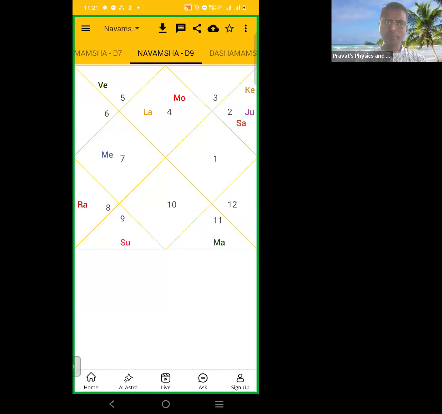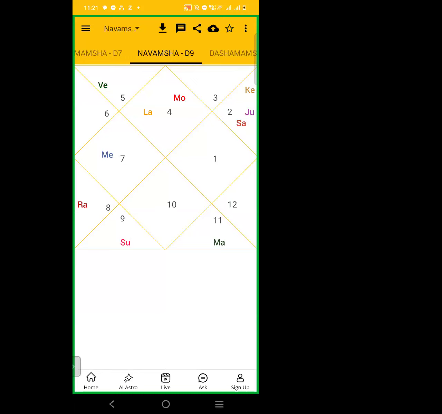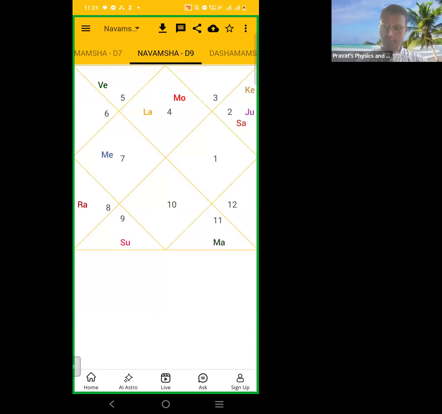That means the moon has moved from which sign to which sign? Leo to Cancer. It was in the Leo sign in the D1 chart, but the same moon is now in the Lagna, the Cancer sign of the D9 chart. Information number 1. Kindly note it down. We are going to proceed forward. Okay, so what is the first condition?